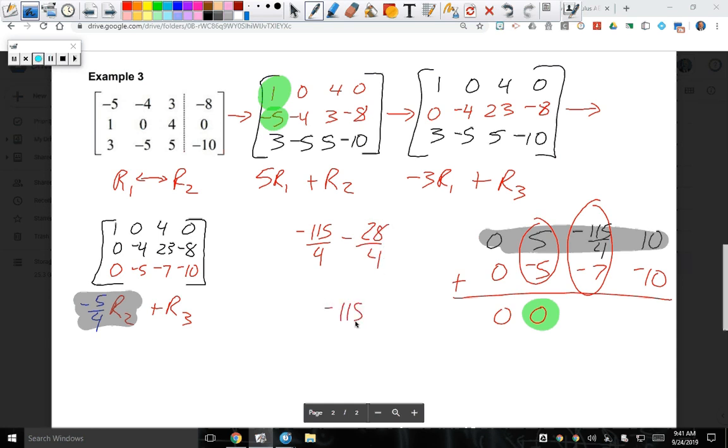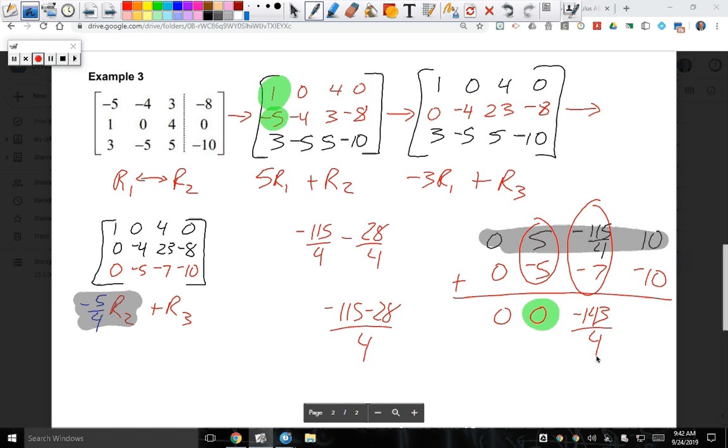So negative 115/4 minus 28 over 4 would be a what? Negative 143 over 4. And notice that I'm still going with these fractions. Just because we get fractions doesn't mean that it's going to be wrong per se.